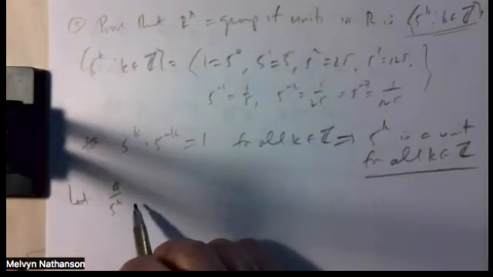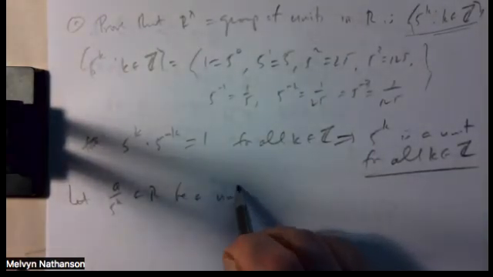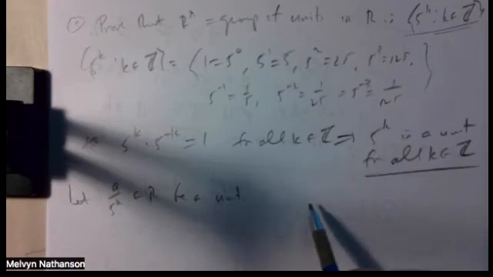But we want to show that every unit has to be a power of 5. So let a over 5 to the k in R be a unit. And we can assume, so reduce the fraction to lowest terms.